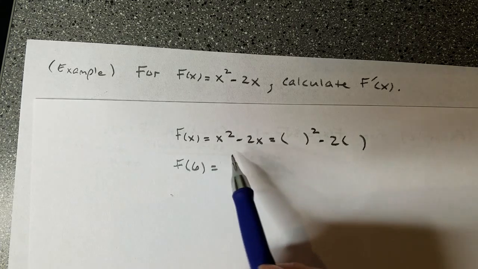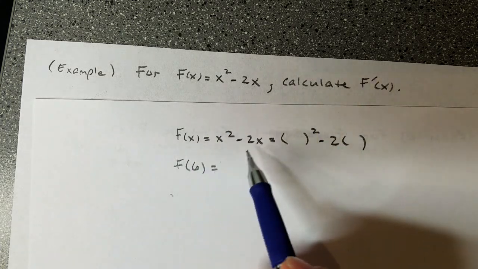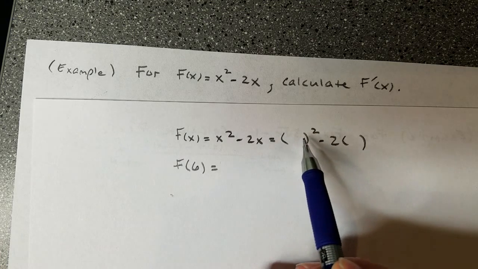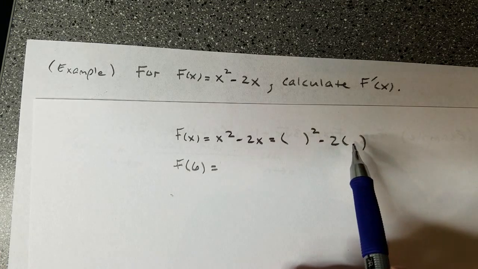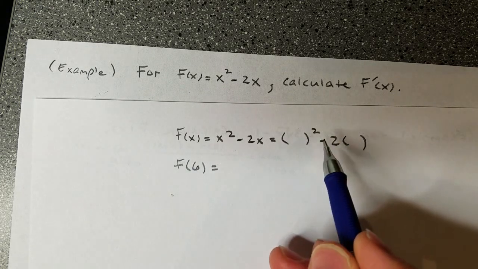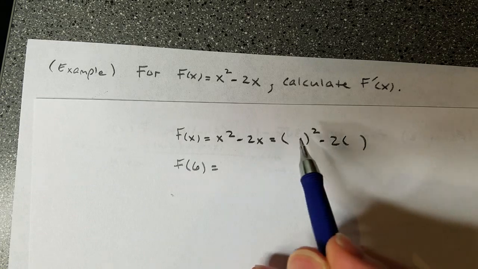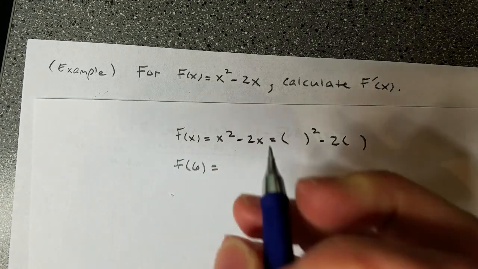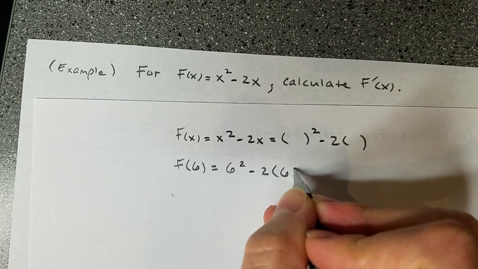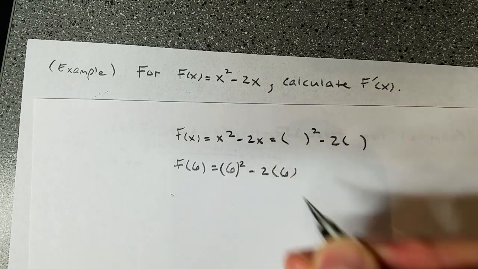Maybe so that we don't get all the x's everywhere distracting each other, I'll just leave empty spaces. I'll put that to be empty and that to be empty because that's where you plug stuff in. So if I was going to plug 6 in, I would say 6 squared minus 2 times 6. That's where the input goes, if the input is 6. So 6 squared minus 2 times 6, right? And then you do the math.